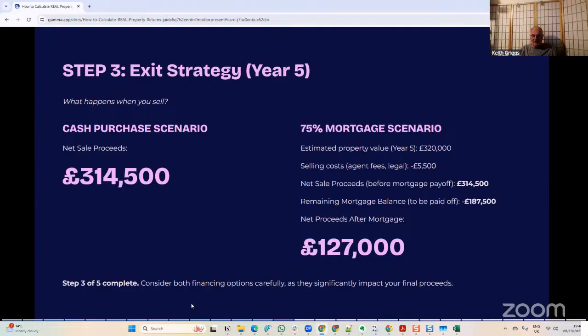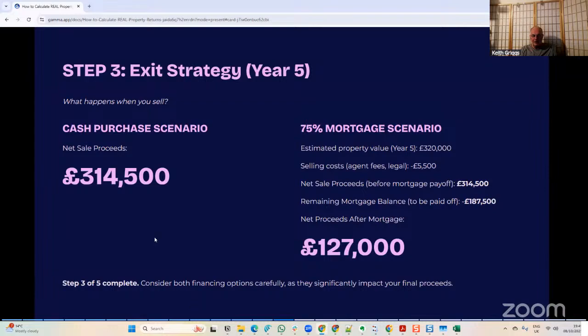And the reason I did that is because capital growth is probably the main wealth growing aspect of buying property. So the increase in value has to be included somehow in any cash flow calculation.